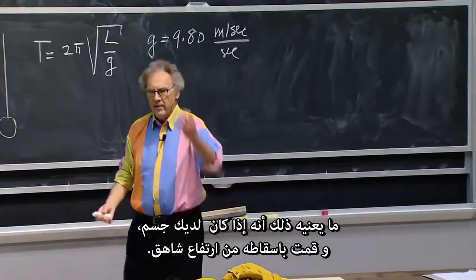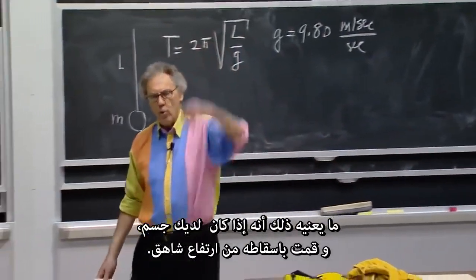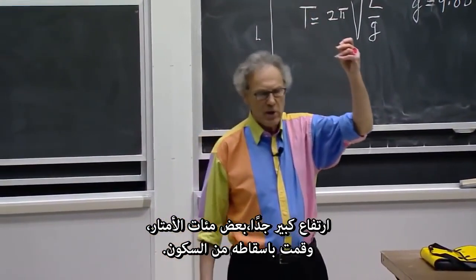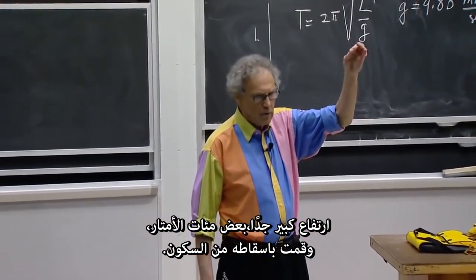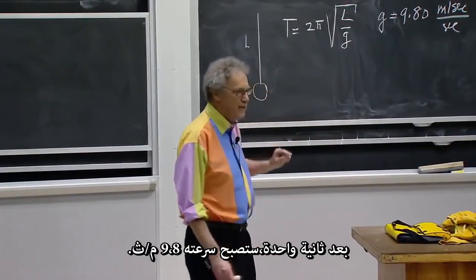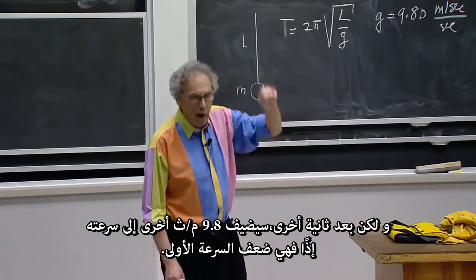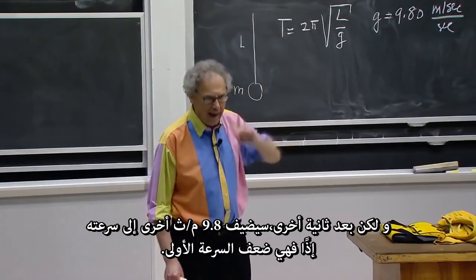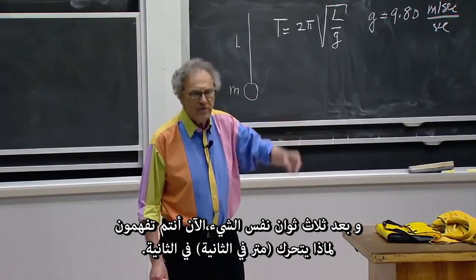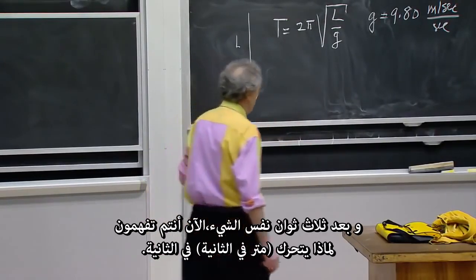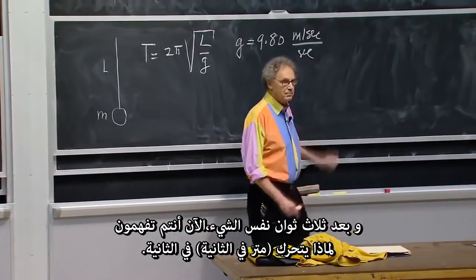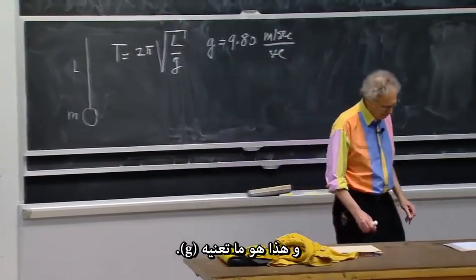What that means is that if you drop an object from a very high altitude, a few hundred meters, with 0 speed, after 1 second it will have a speed of 9.8 meters per second. After another second, it will add another 9.8 meters per second, so it's twice that. And after 3 seconds, it's three times that. So now you understand why it is meters per second per second. That's the meaning of G.